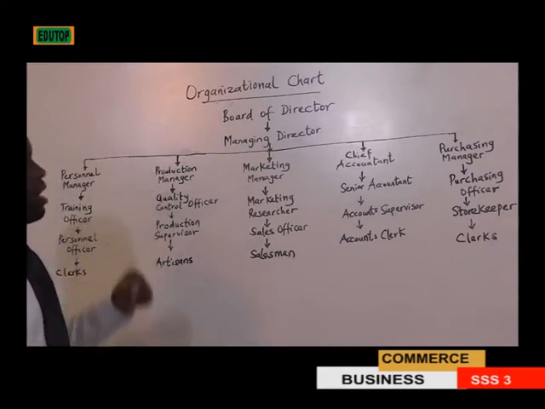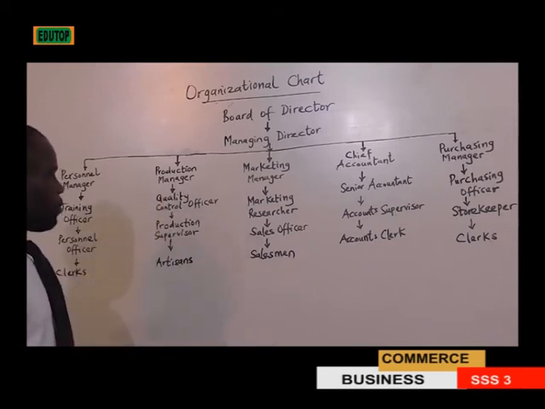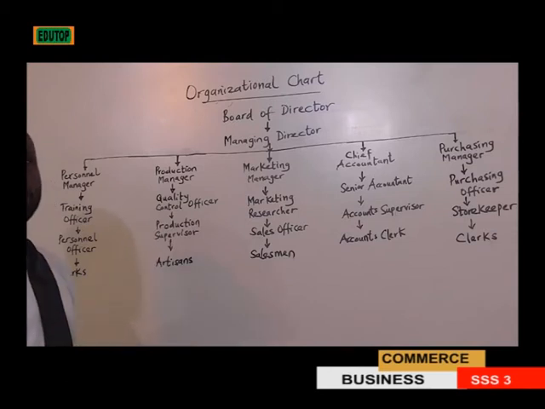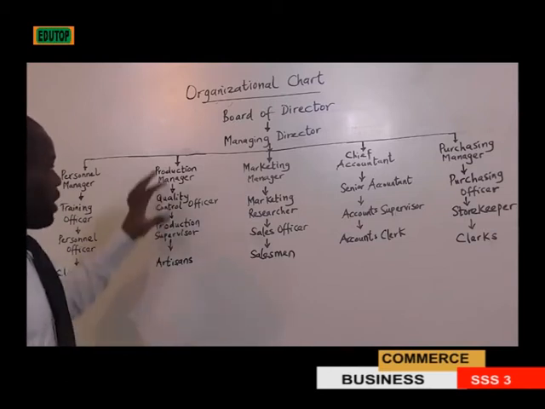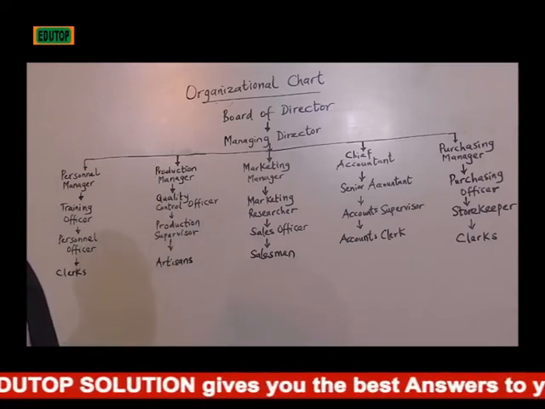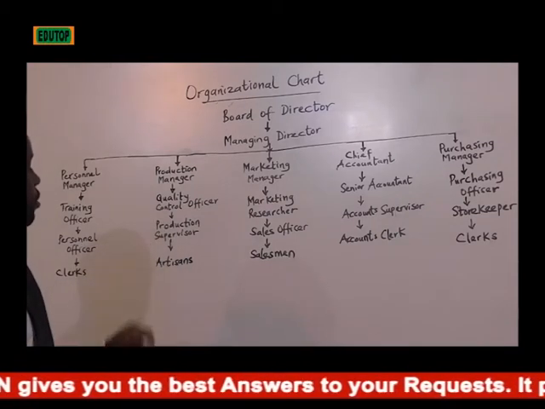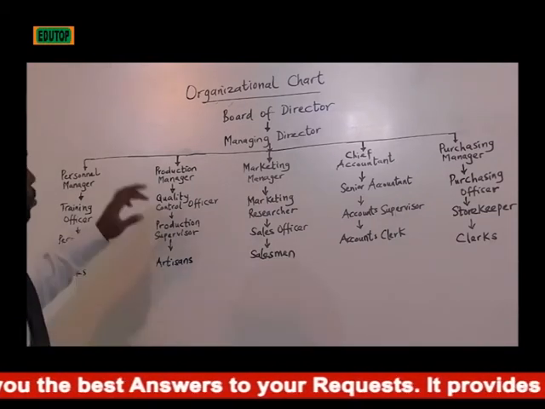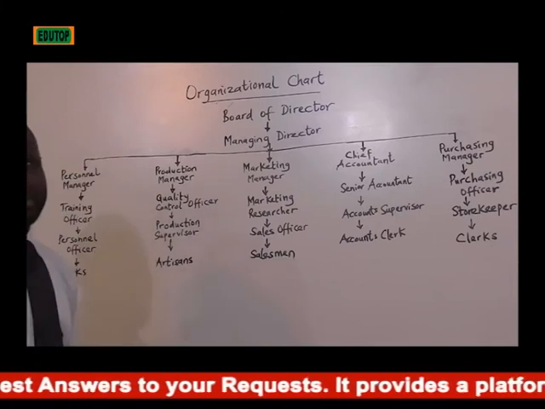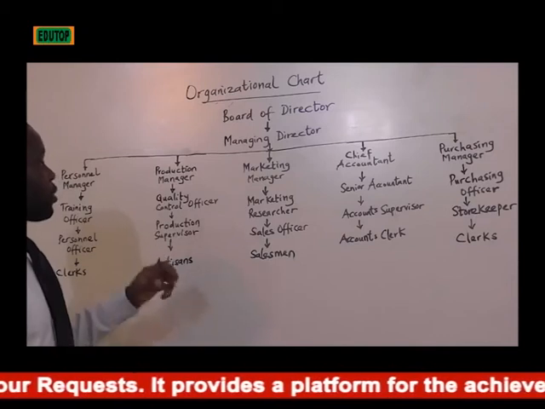Under production manager, we have quality control manager. We also have production supervisors, and we have artisans. Here, under this line of management, the artisans are responsible to the production supervisors, while the production supervisors are responsible to the quality control officers, while the quality control officers are responsible to the manager.